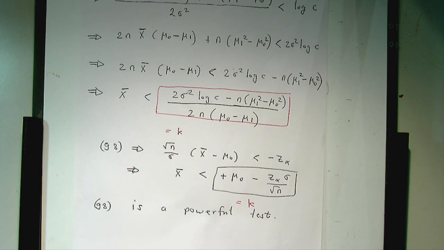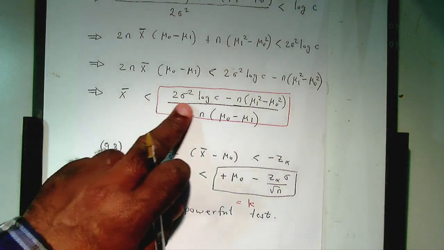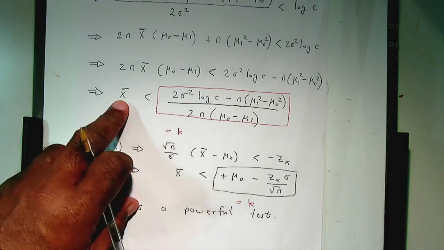In order to answer questions like this, what you need to do is write down the hypothesis and apply the NP lemma, like I've done here, and derive the rejection rule, which turns out to be this one, x bar less than a constant k.